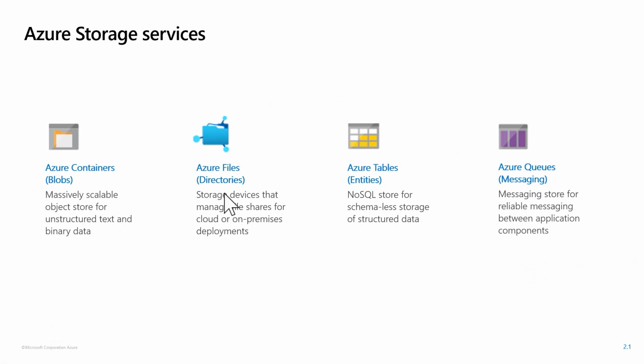Azure Files, which allow us to store and manage file shares for cloud or on-premises as directories. Azure Tables, allowing us to use NoSQL Store for a schemaless storage of structured data for entities, and Azure Queues, which give us the ability to manage reliable communications between applications.